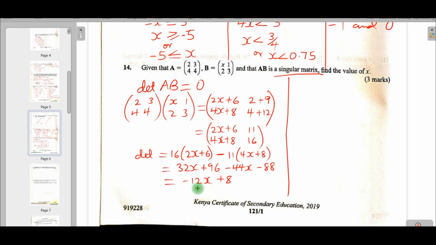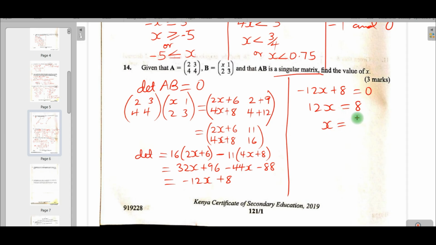So the determinant is equal to 0, and here this is the determinant of AB. So minus 12x plus 8 is equal to 0. So this implies that 12x is equal to 8, and therefore divide both sides by 12.